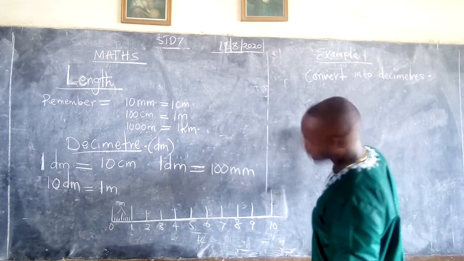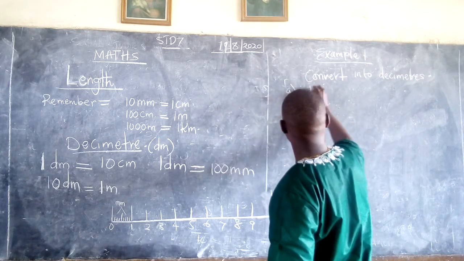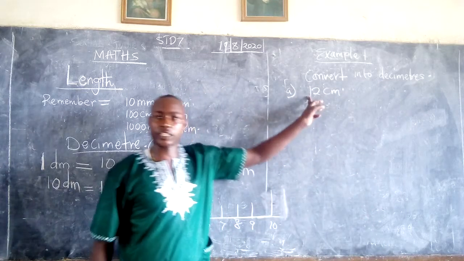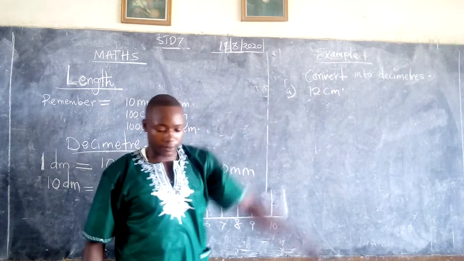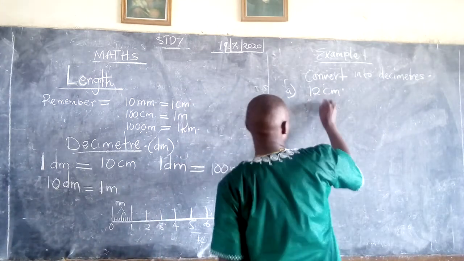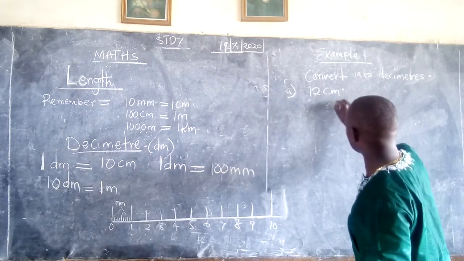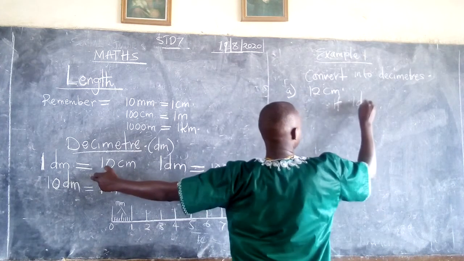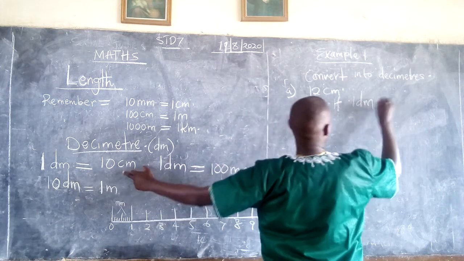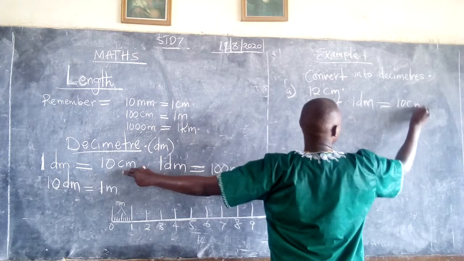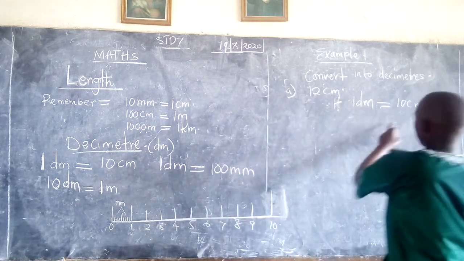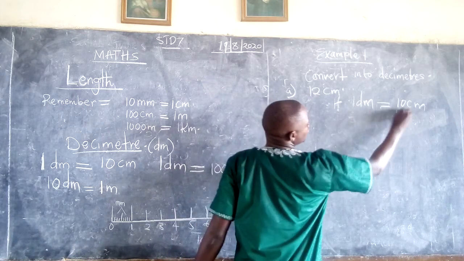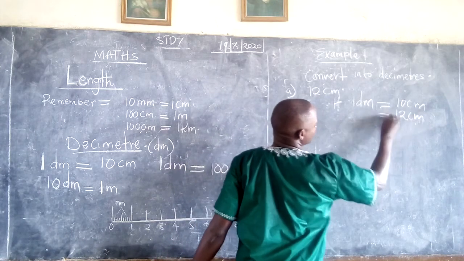Example 1: you are told to convert 12 centimeters into decimeters. What should come into your mind is that you ask yourself, if 1 decimeter is equal to 10 centimeters, what about 12 centimeters would be equal to what?